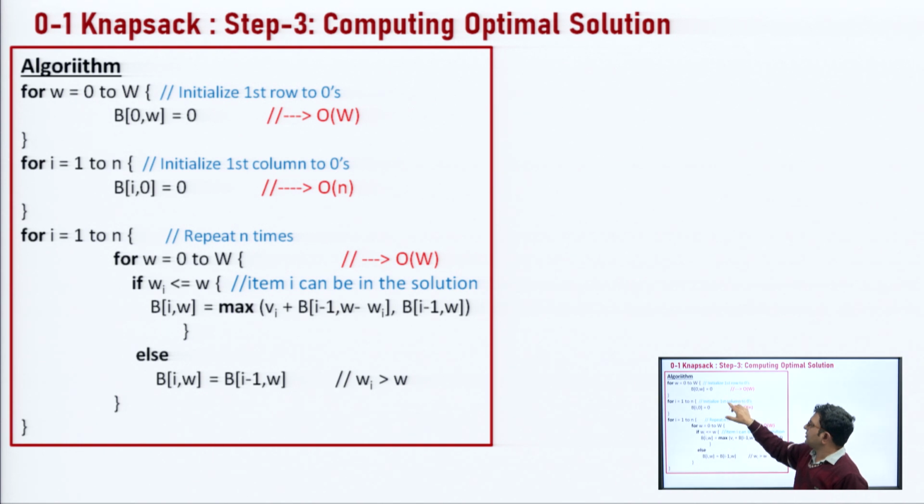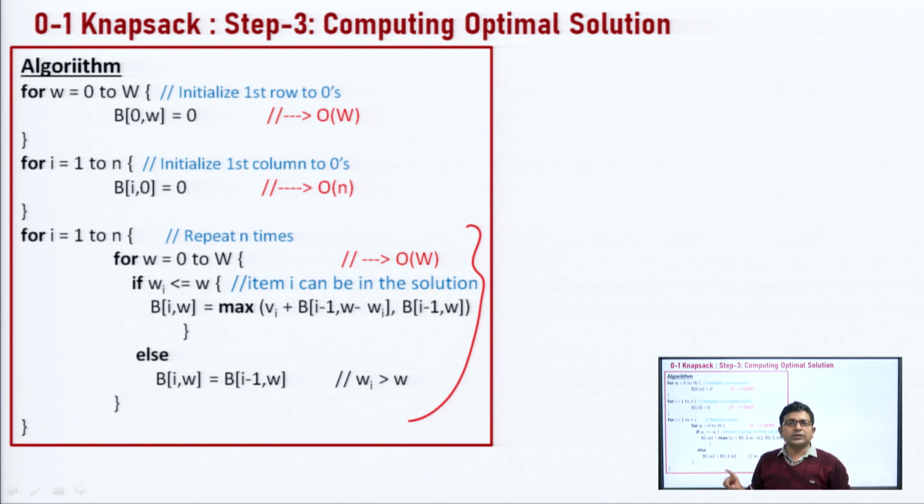Basically, w equal to 0 to capital W fills the first row with 0, and similarly, for i equal to 1 to n, it fills the first column with 0 values.